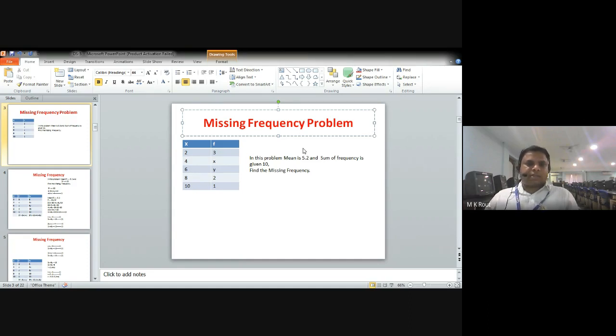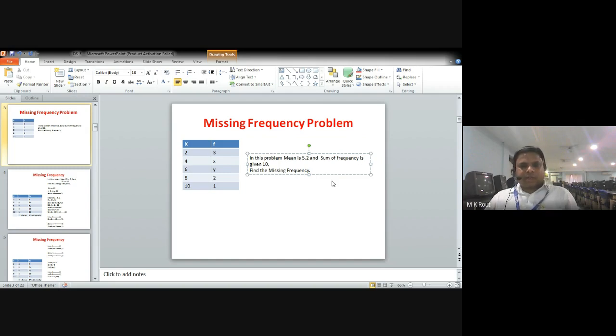For 4, we don't know the value. For 6, the frequency is also missing. For 8, the frequency is 2. For 10, the frequency is 1. And in the following problem, the mean is given and the sum of frequency is given, that is 10.